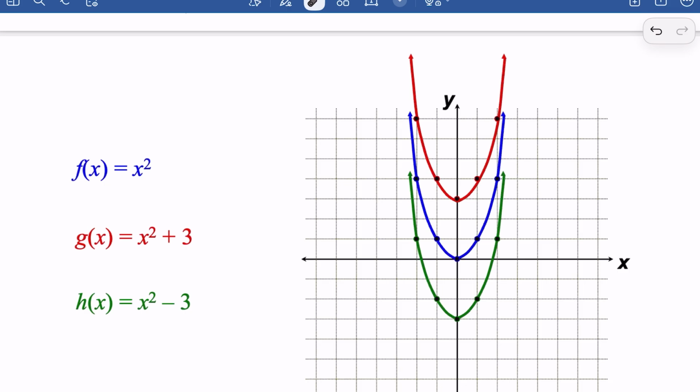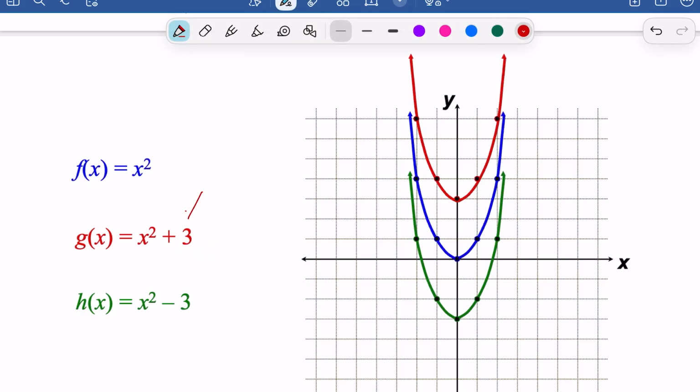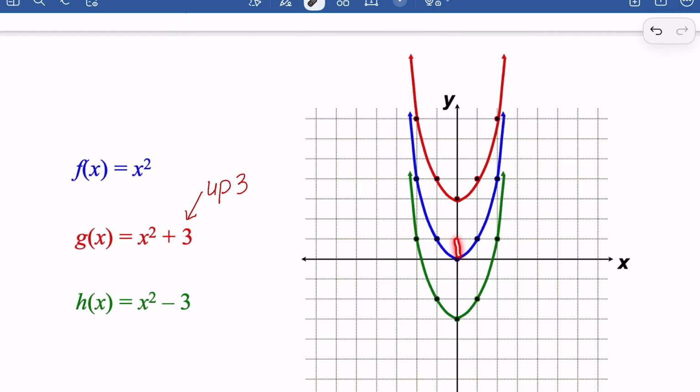Then if I look at g of x, which is x squared plus 3, this 3 tells me that I'm moving up 3 units. You can see that from the blue graph, it shifted up 1, 2, 3 units. The shape didn't change. The graph just shifted up 3 units.